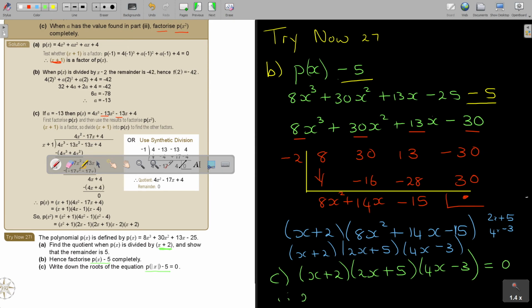So therefore, x is negative 2 or x is negative 5 over 2 or x is 3 over 4. And those will be the roots. That will be the places where this graph will cut the x-axis, and that is called the roots. And I think I said it in previous videos also. You do it.